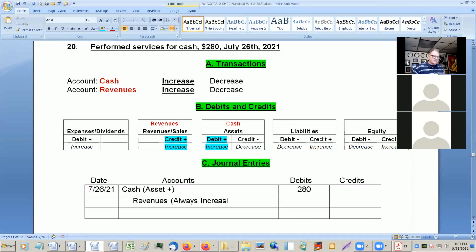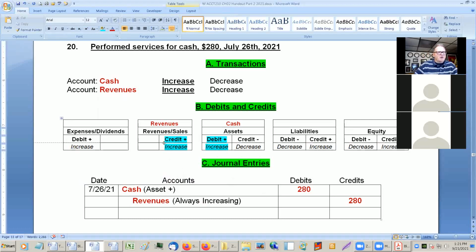So revenues are always increasing, and they're always going to be credits.